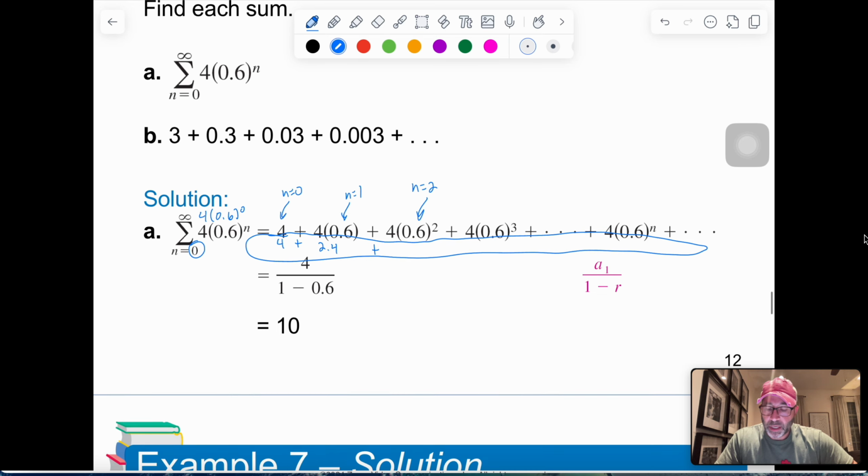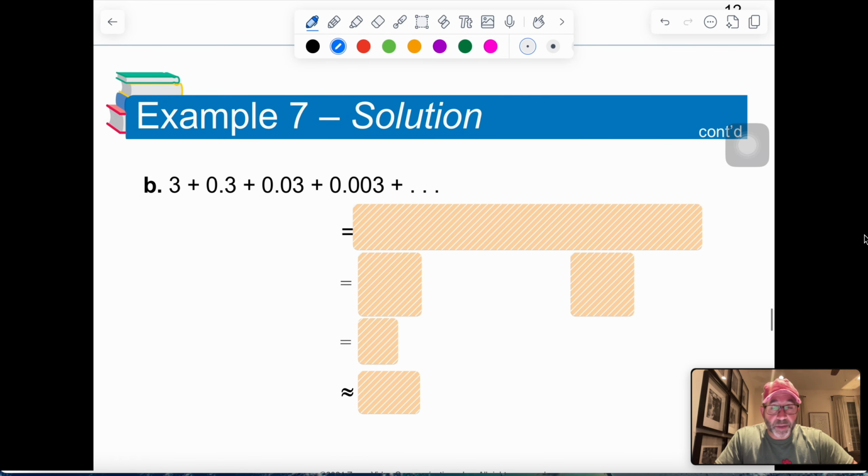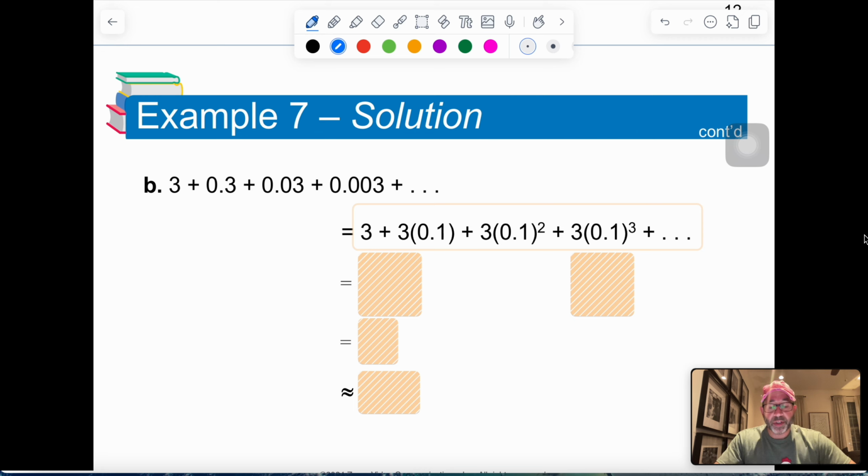Okay, let's do that for another one here. If I have 3 and I add 0.3 and I add 0.03 and then I add 0.003, what's going to happen is we look at this series. We have 3 times, and we can look at the common ratio here. If I do 0.3 divided by 3 to get that common ratio, we get 0.1 when I do the division here.